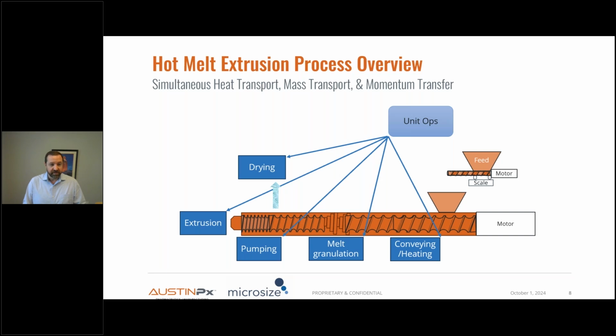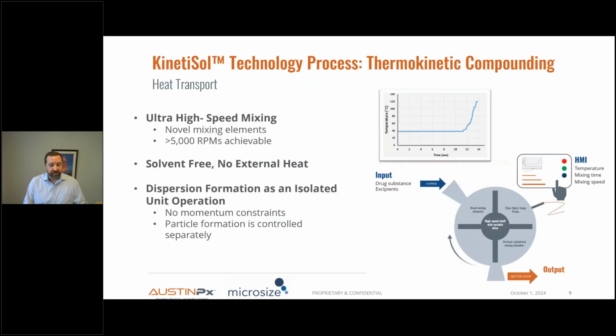So we still have these simultaneous heating events, mass transport events, but we also have to make sure the material's moving through the system at the correct velocities in the right places to ensure the process is in a state of control. And this is where KinetiSol really enters this paradigm and provides an alternative that's simpler.